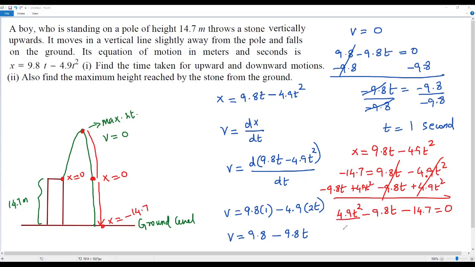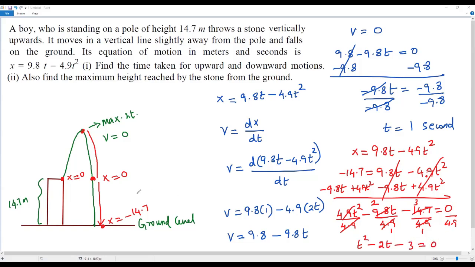So we can divide everything by 4.9 to make the numbers smaller, so that it will be easier for us to solve the equation. So I have divided everything by 4.9. 4.9 goes into 4.9 one time, 4.9 goes into 9.8 twice, and 4.9 goes into 14.7 three times. So I'm getting t squared minus 2t minus 3 equals 0, since 0 divided by 4.9 is 0.